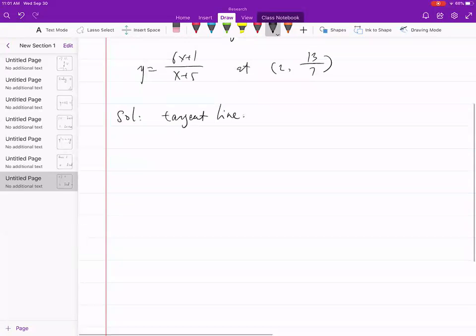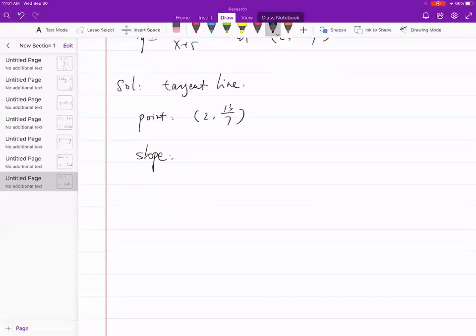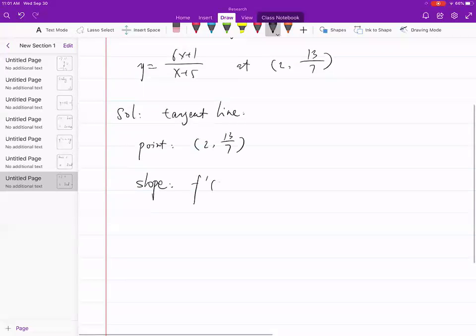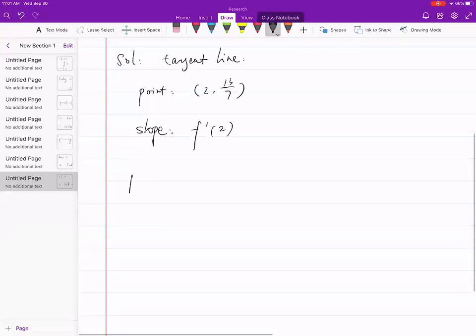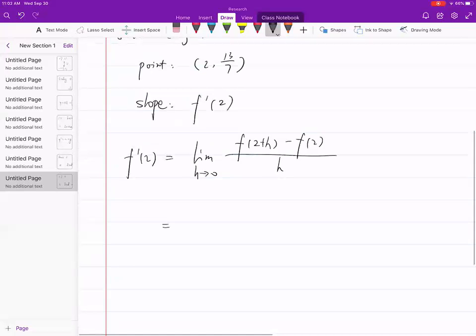For the tangent line, we need two things: a point, which we already have, and the slope, which we now know because it's the tangent line. We need to find the derivative at 2. The rest is to find the derivative, and for now, we don't have anything better other than the definition. So that's it. The rest will be putting everything in order.